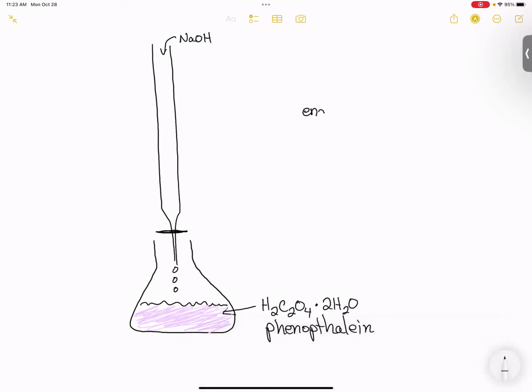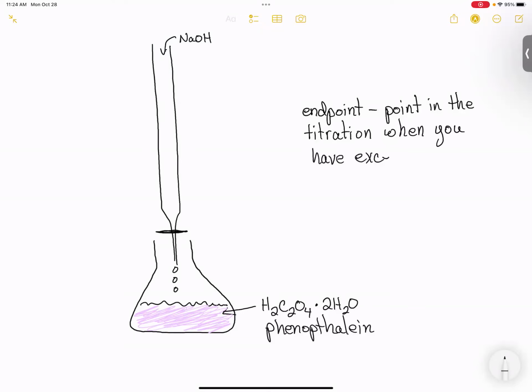The endpoint is the point in the titration when you have exceeded the equivalence point by usually a half drop of titrant.